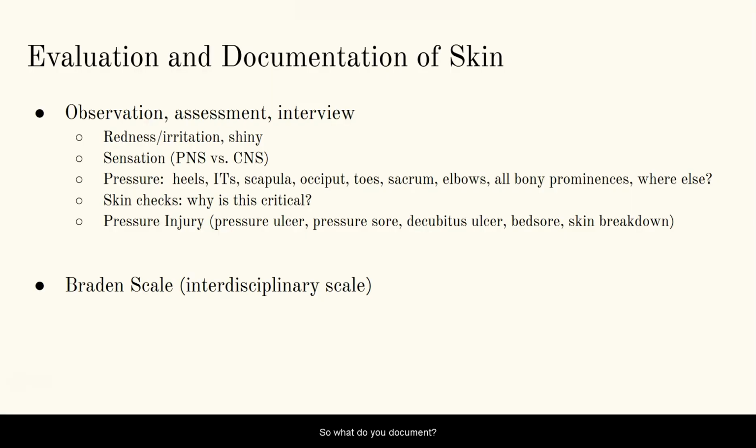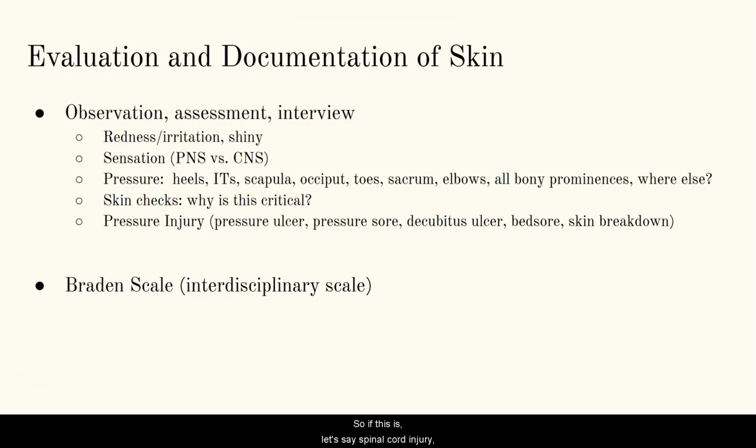So what do you document? You are documenting if it's redness, if it's irritation, if it's shiny, if it's discolored, if there's a blister, if it's whatever, all of the things that you observe, you're going to document. You want to consider if this is a peripheral nervous system condition or a central nervous system condition and how that impacts skin.